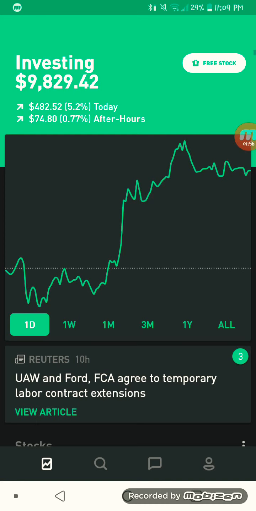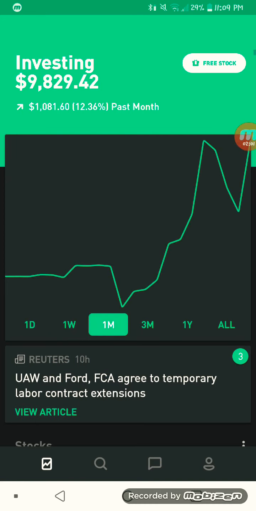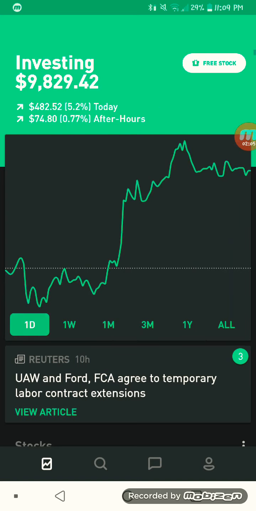And as you see here, here's the day chart. You can scroll through each chart, which shows you the progression of your portfolio throughout those time frames. And on the top, it tells you how much your portfolio went up or down during market hours and then after hours. So even after the market closes, stocks still move pre-market and after hours.